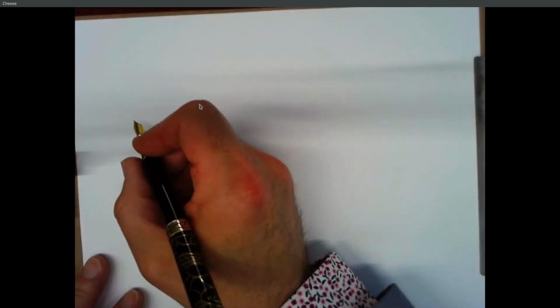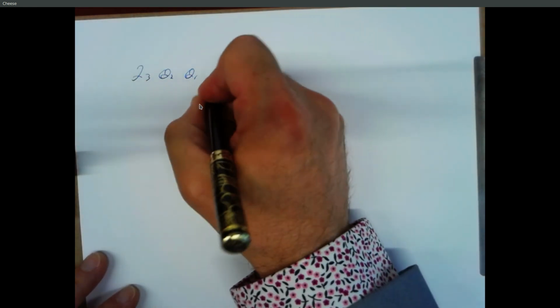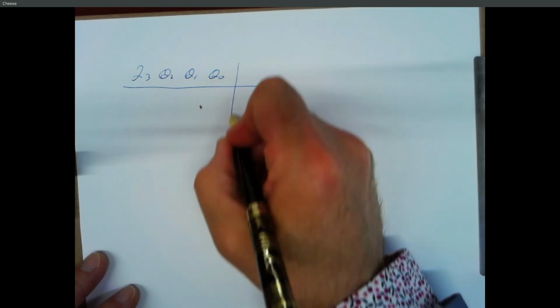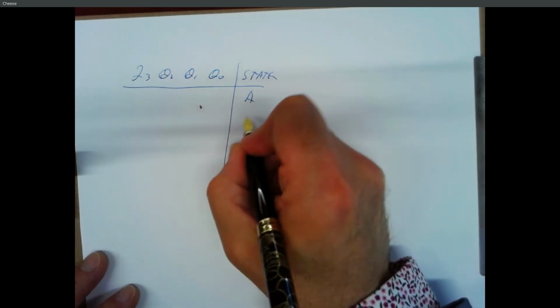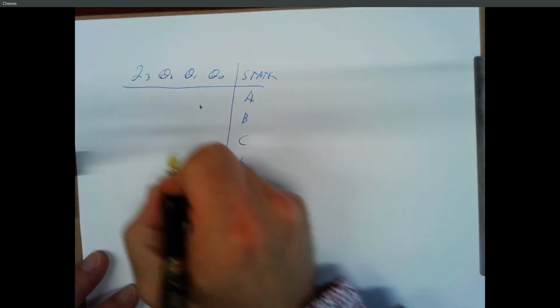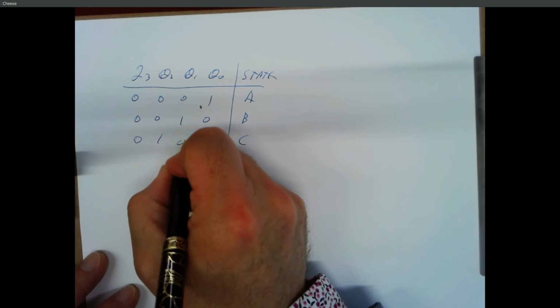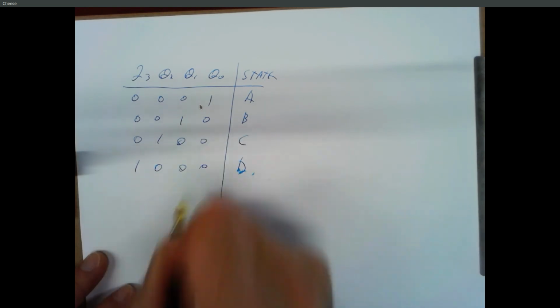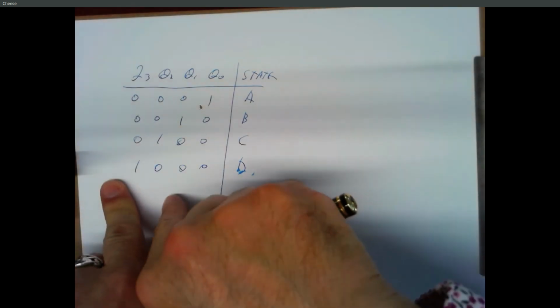All right, so this business of if you've got 4 states, you could have 4 flip-flops. We could say that any other combination of these flip-flops is an invalid state.